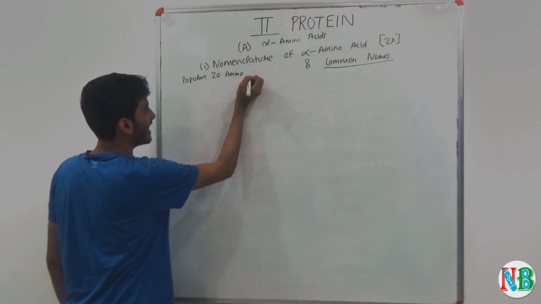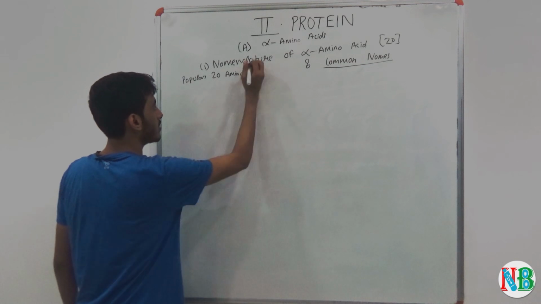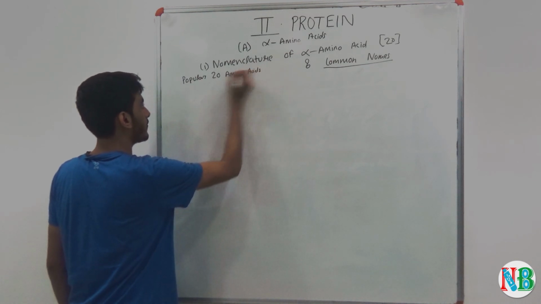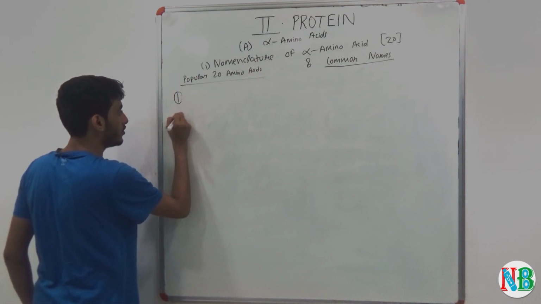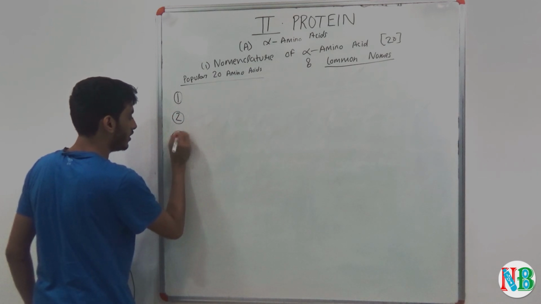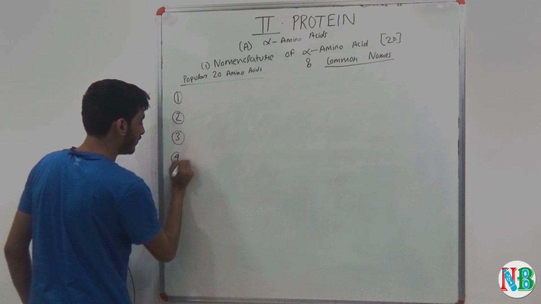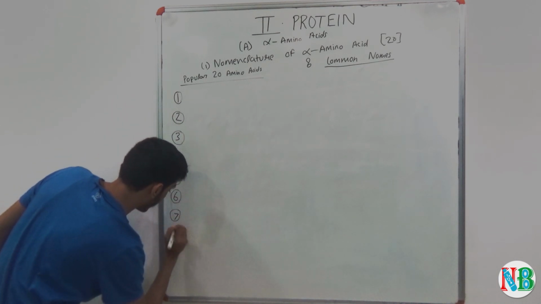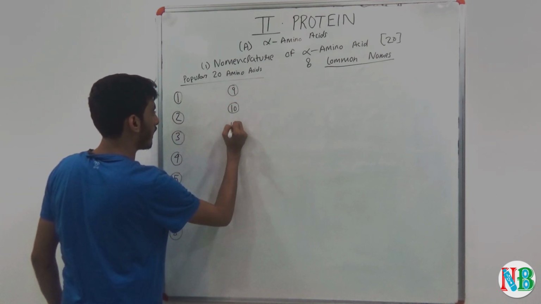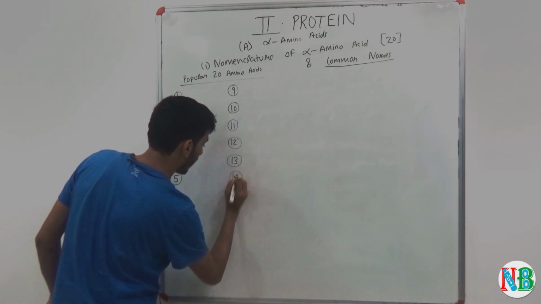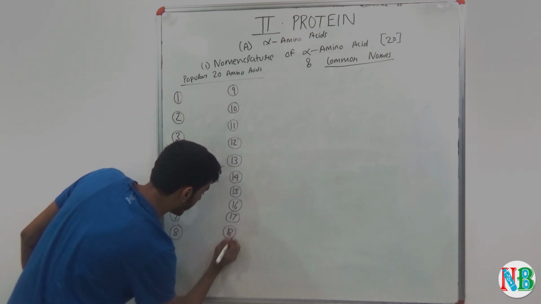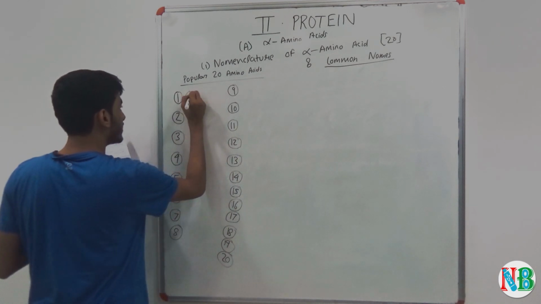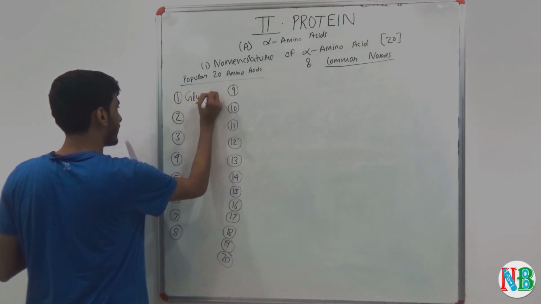The rest 6 are not useful for us. The first one is glycine.